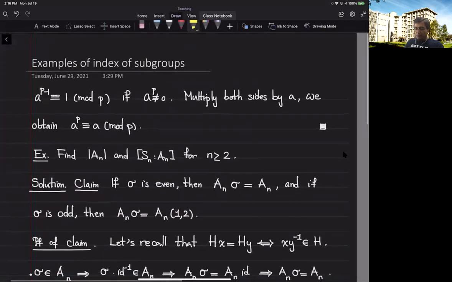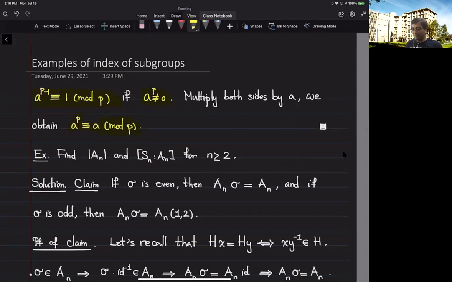And therefore, a raised to the power p minus 1 is 1 mod p if a is not 0 modulo p. If it is 0, a to the p is a. If it's not 0, a to the p minus 1 is 1. I multiply both sides by a. I deduce that a to the p is a in this case as well. In either case, we get Fermat's little theorem.